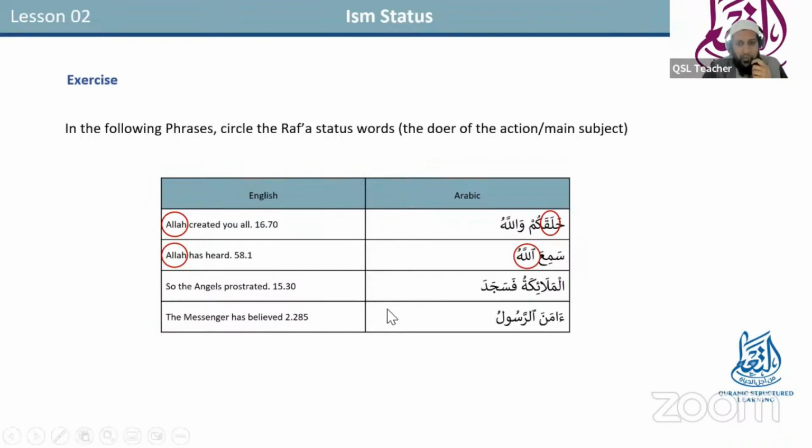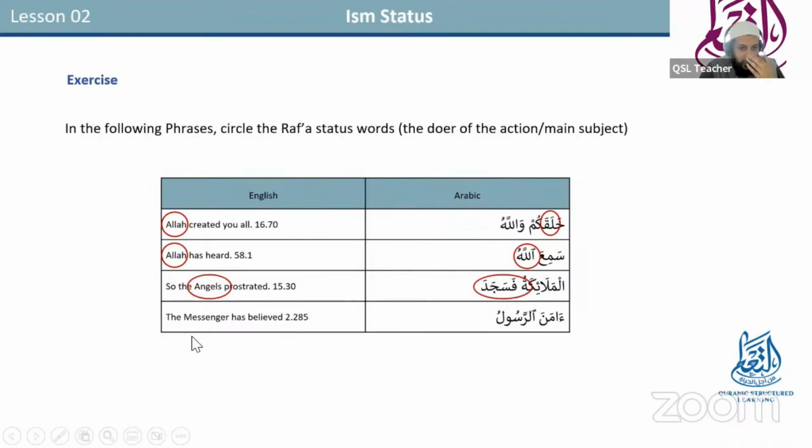The Arabic should be fasajada al-malaikatu. The action word is prostrated. So who's doing the prostrating? It will be the angels. Therefore, angels is rafa'. Ignore the Arabic circle, it should be on malaika.